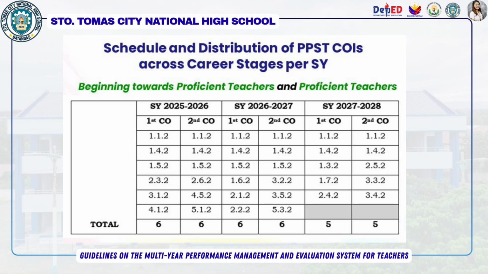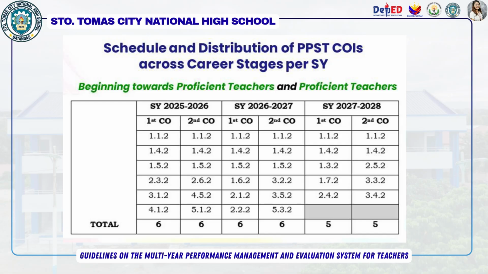This series of slides is your observation guide for the next 3 years. They show the specific PPST indicators you will be observed on for the first CO and the second CO of each school year, segregated by career stage. Notice that for school year 2025 to 2026 and 2026 to 2027, you have 6 COIs in the first observation and 6 COIs in the second.